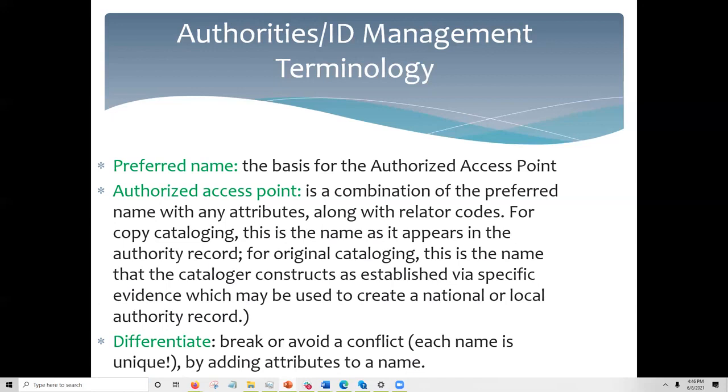For cataloging purposes, we most frequently add this in the authority information by adding attributes to the name. And one of the most common you'll see is dates. So for my name, it would be Fay, Robin M, and then it would be my birthday. Or, since there are others of me now, but at the time mine was created, there weren't.